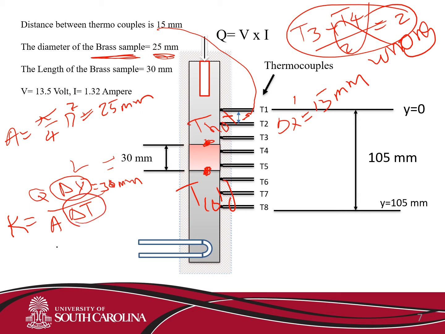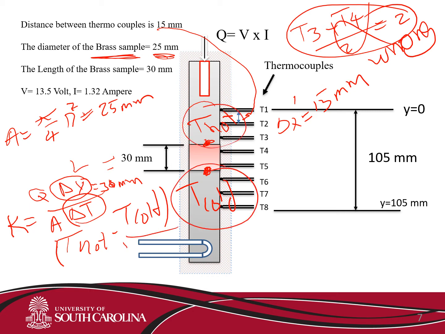Delta T, which is T hot minus T cold, right? Once you find the T hot and the T cold, applying this equation, and also you have the area, pi over 4 d squared, you will find the K thermal conductivity. Very straightforward, it's not difficult, right?